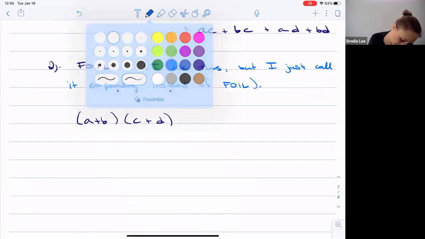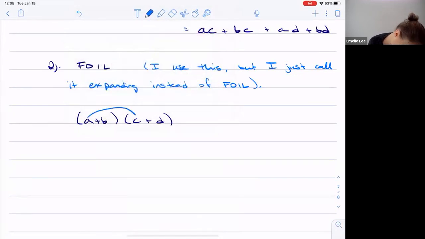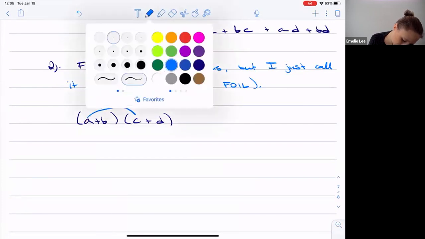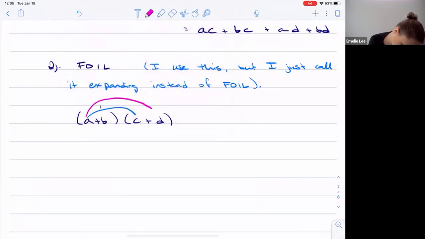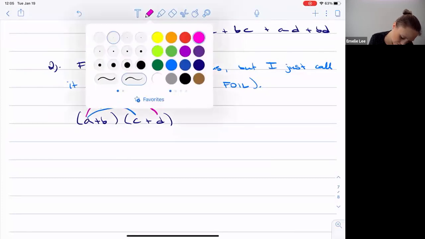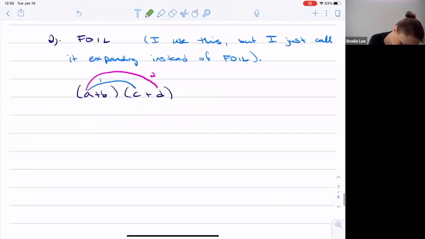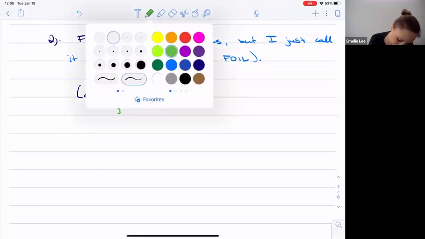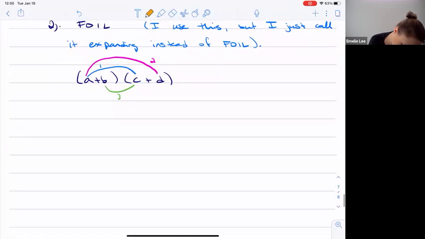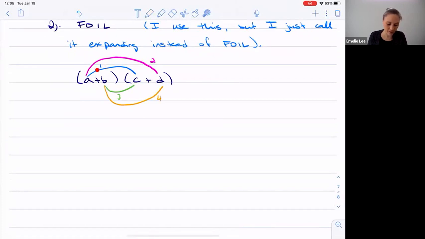So this looks like a times c, that's my first move. a times d, that's my second move. b times c is my third move. And finally, b times d is my fourth move. Okay. So this is supposed to be first, outside, inside, last. I don't know.